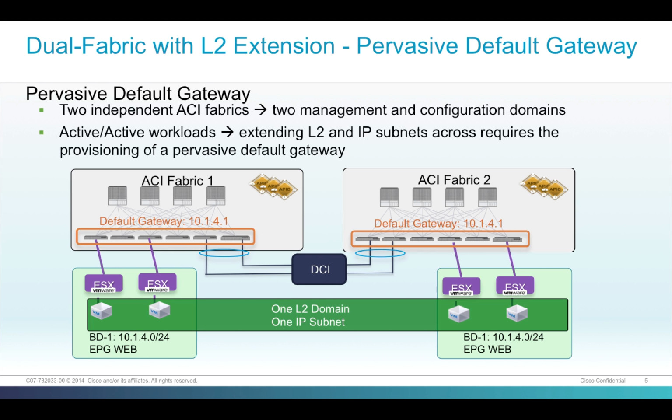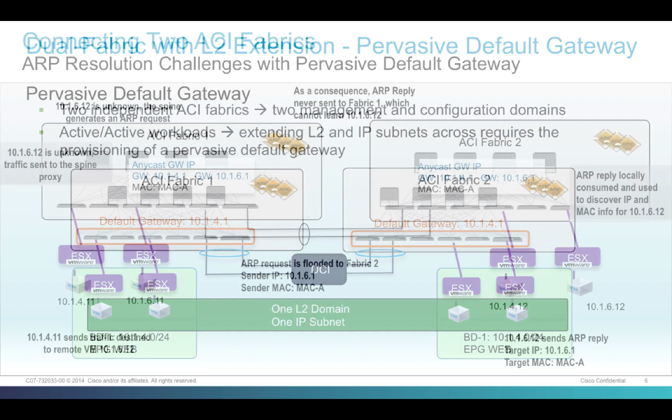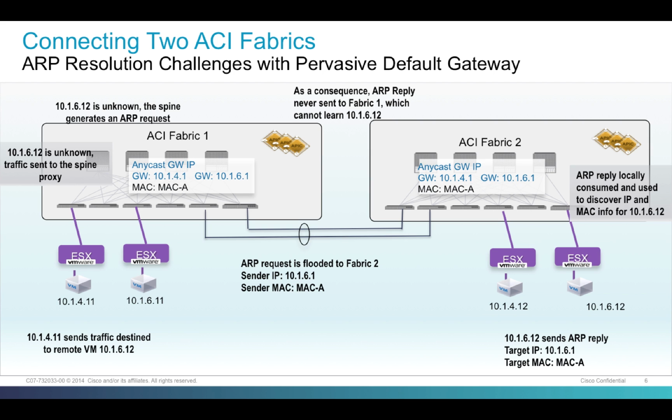So imagine that all of those virtual machines belong to the same endpoint group called web. This could be my web servers. The virtual machines that are located currently in data center 1 would be utilizing the Anycast gateway in data center 1, and the virtual machines sitting in data center 2 would be utilizing the default gateway in data center 2. Now, this brings some challenges, and let me explain what the problem is.